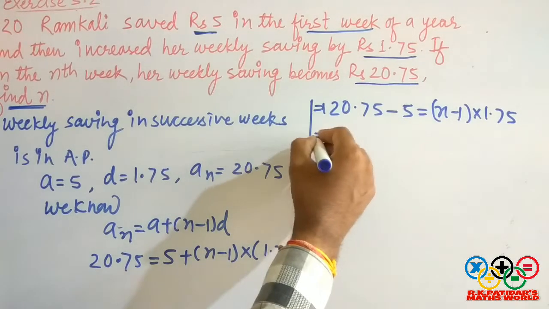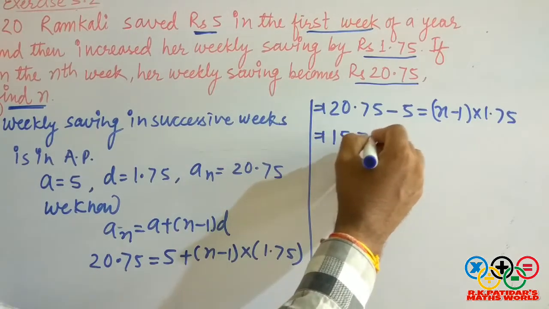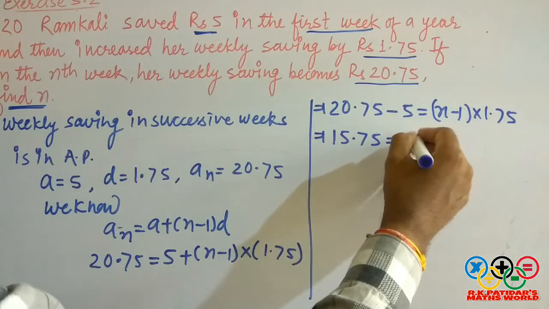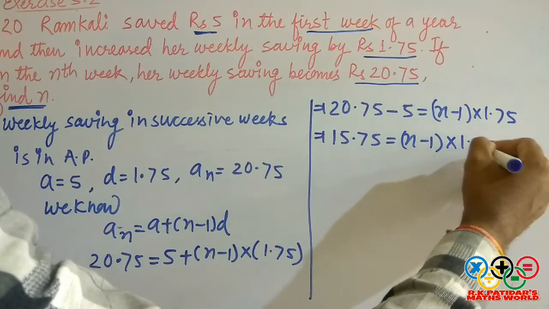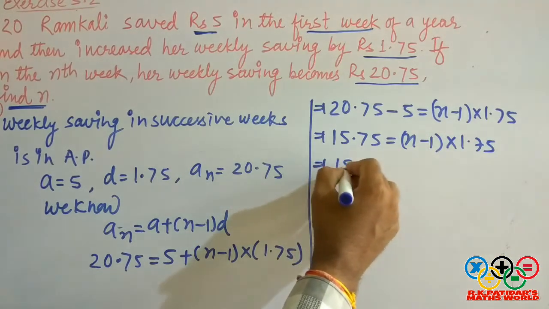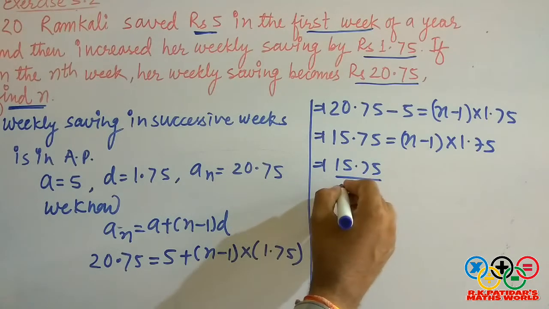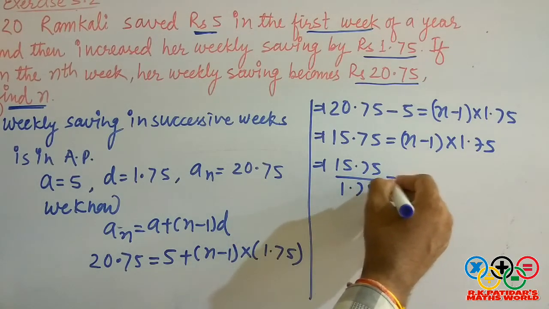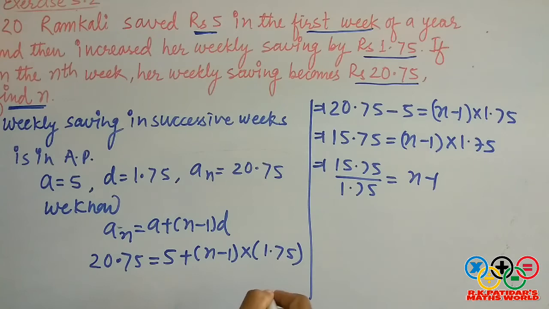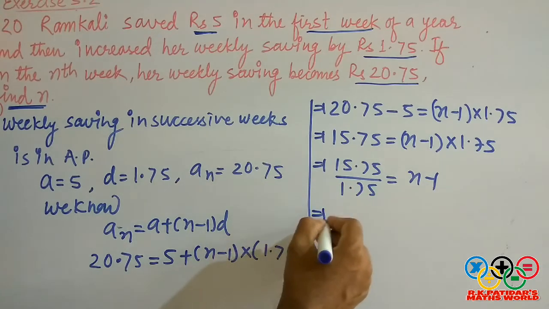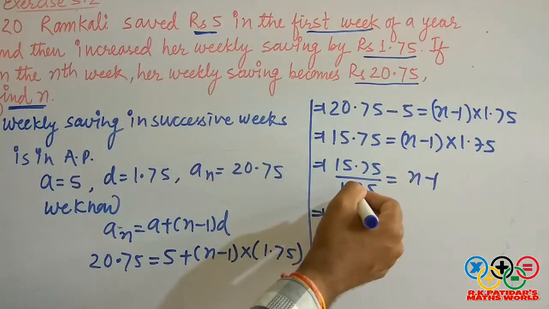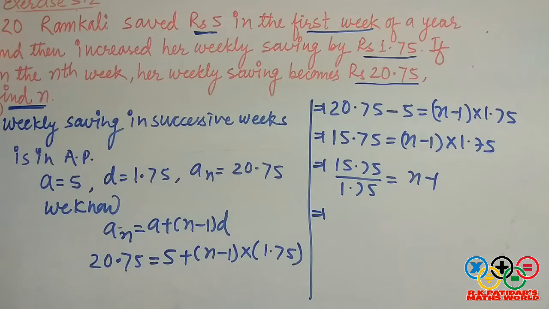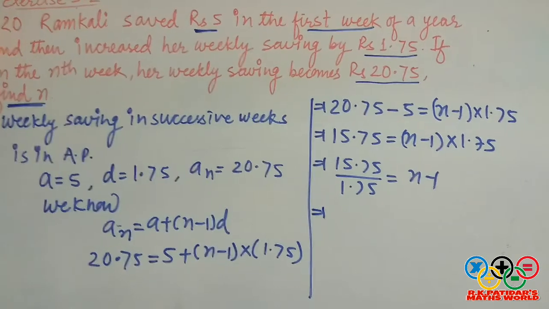So 20.75 minus 5 is 15.75, which is equal to (n minus 1) into 1.75. 15.75 divided by 1.75 is equal to n minus 1. Now, after the decimal there are 2 digits, so we may remove the decimal here.